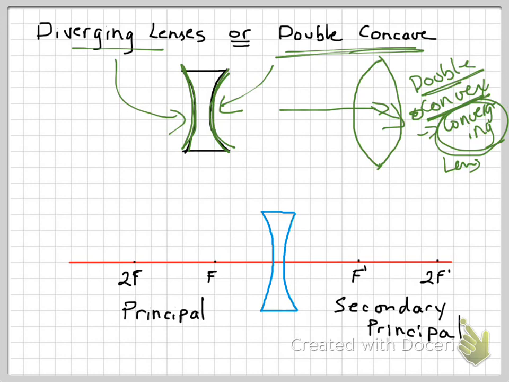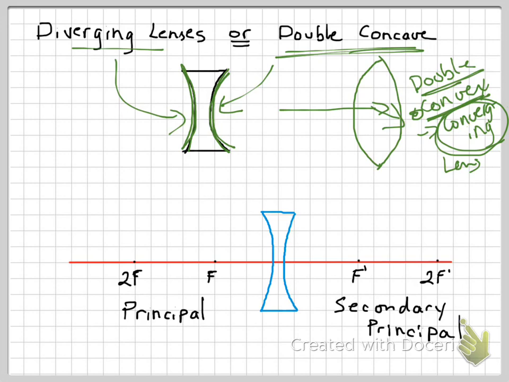Now, to draw your image or locate your image in a diverging lens, I'm just going to draw a rough sketch here, and we'll show what happens in another image in the next slide.